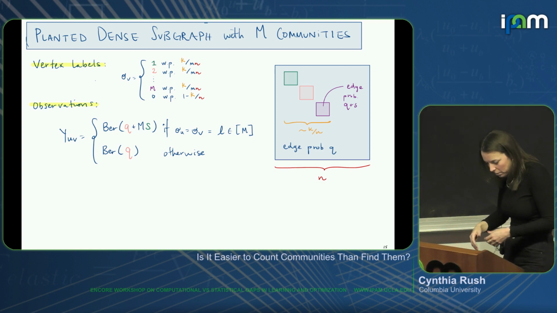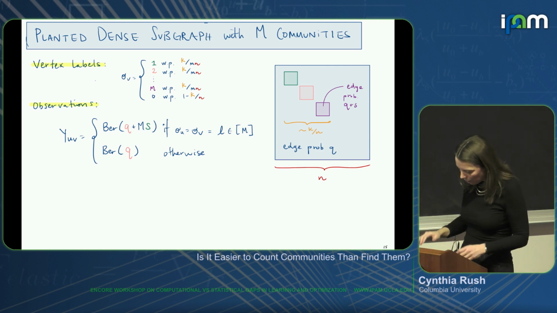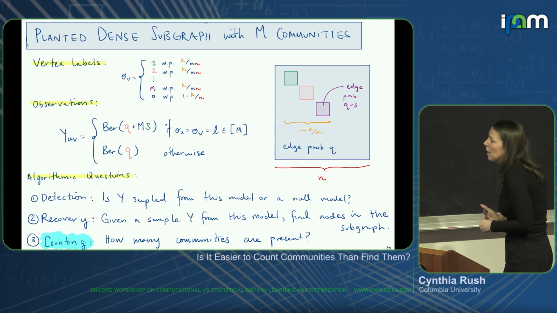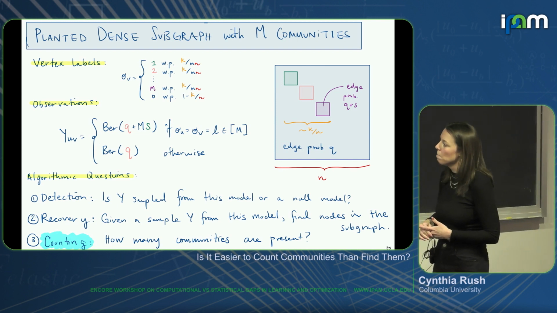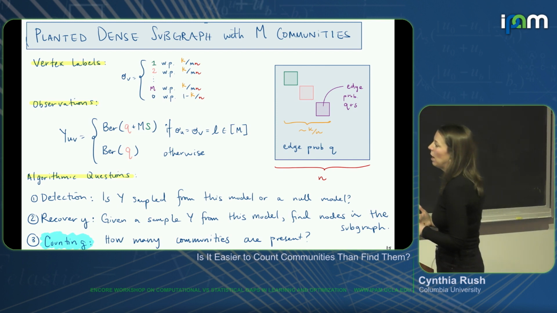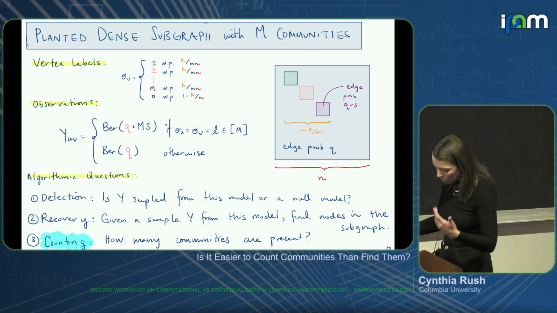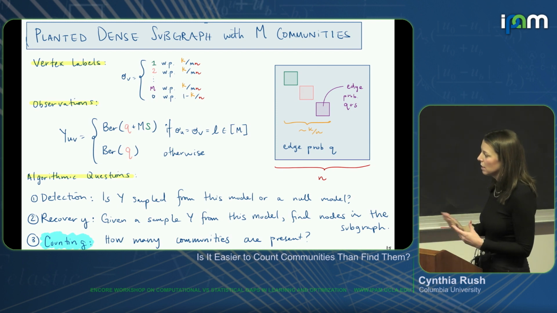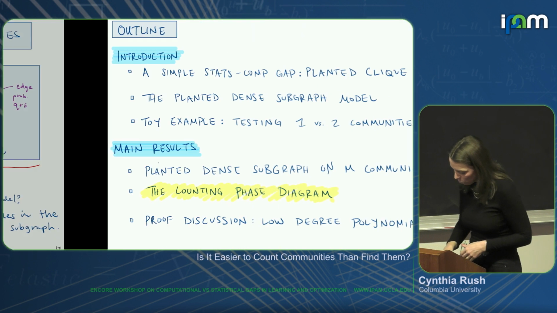Then again, you connect within the communities at a higher connectivity probability than outside. The algorithmic questions here are the same as before. Can we detect whether y was sampled from this model or a null? Can we recover the nodes from the communities if we know y is from this model? And then the question we ask is, how many communities are present? Can we learn something about how many communities are present if you just give me y?